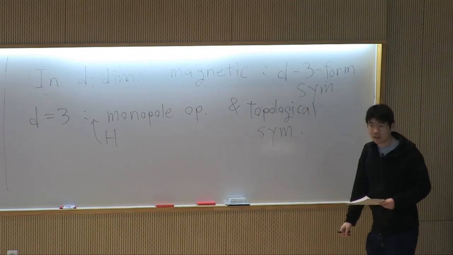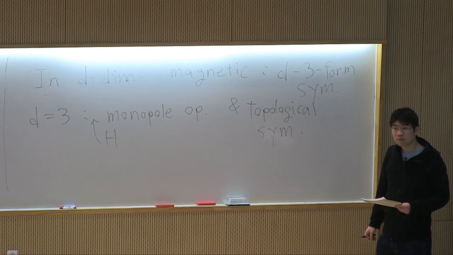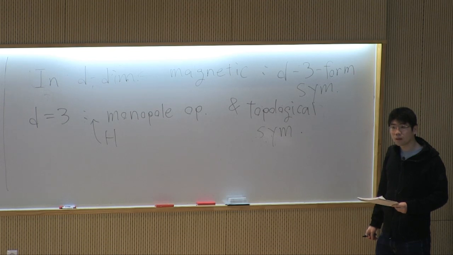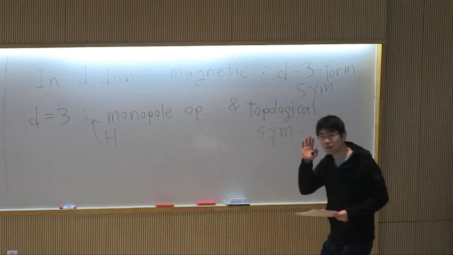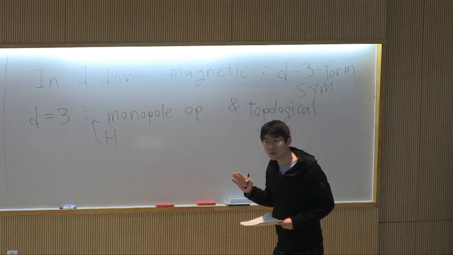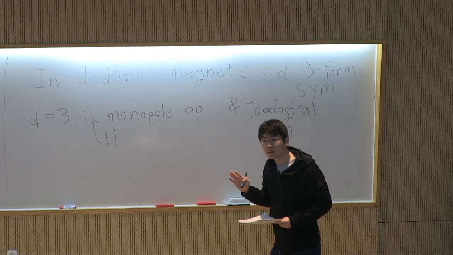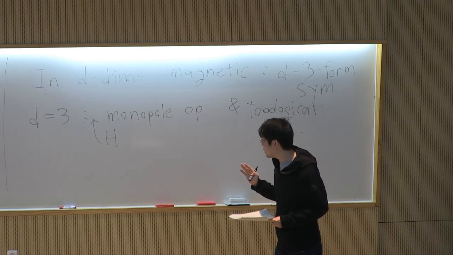Question? Yes. Is the monopole you mentioned in 3 dimensions the same as the monopole we are talking about in compact QED in 3 dimensions? In 3-dimensional compact QED, there are monopoles.